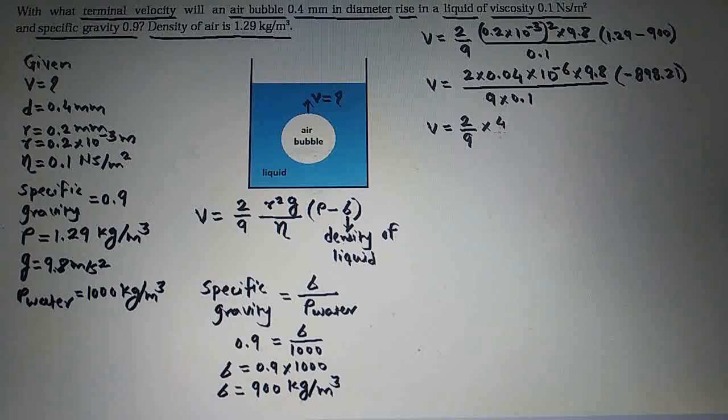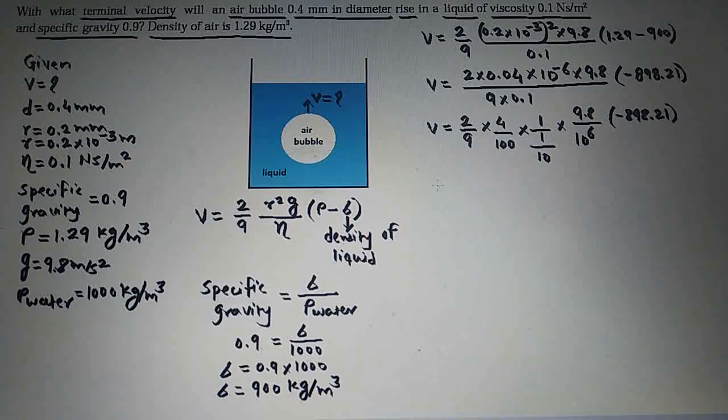Next we can write here V is equal to 2 divided by 9 into, we can write this 0.04 as 4 divided by 100, into, we can write this 0.1 in the denominator as 1 divided by 0.1, which should be 1 by 10 here, into, we can write this 10 raised to minus 6 in the numerator. It will be 10 raised to plus 6 in the denominator, and we will write here 9.8 into minus of 898.21.